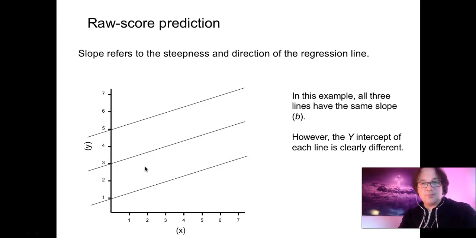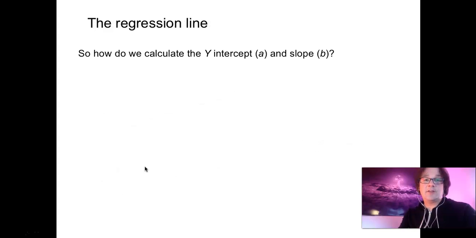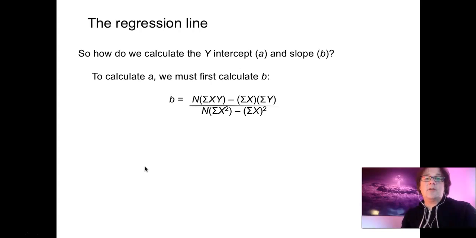But you should probably see at least how it's done. To calculate a, the y-intercept, you first have to calculate b. The formula for b looks kind of bad. You might say, hey, Brown, that looks like a mess. It's actually not too bad when you break it down.